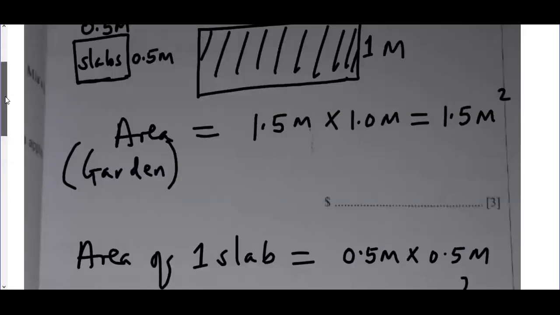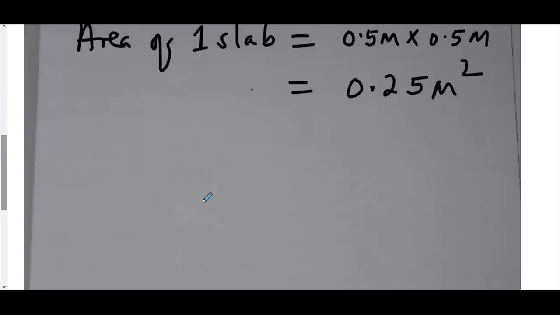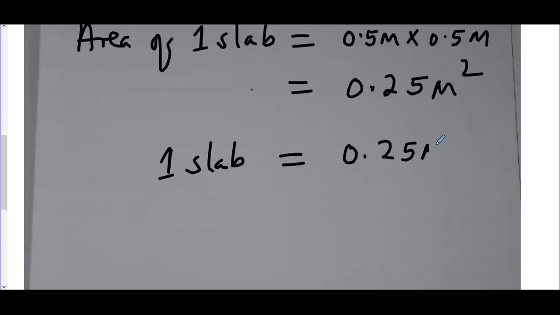So if we have to cover this garden by using slabs, but the area of one slab equals 0.25 meters squared, we're gonna need to find the total slabs which will be needed to cover the whole garden. So we know that one slab can cover only 0.25 meters squared.